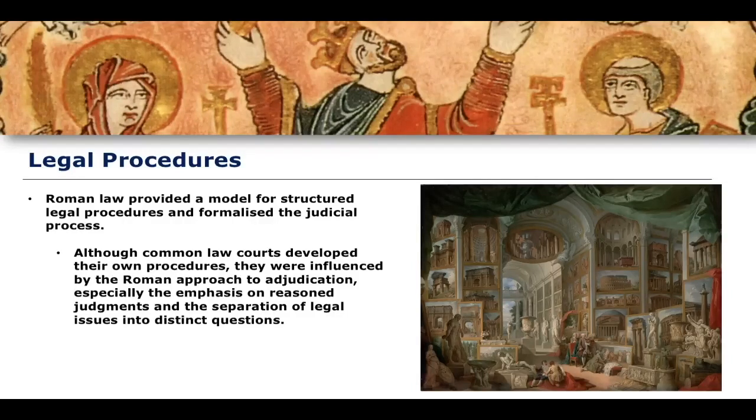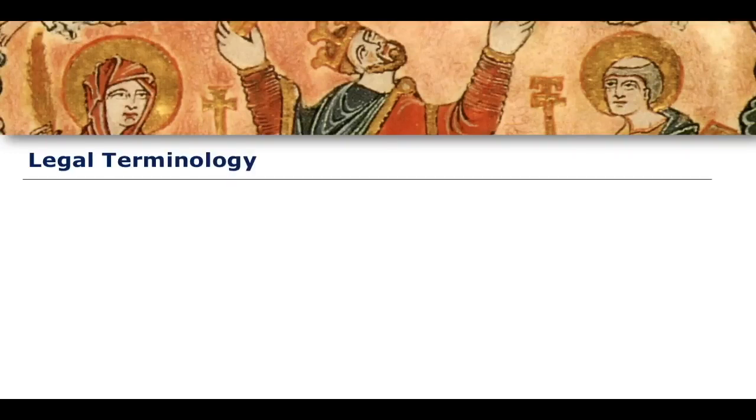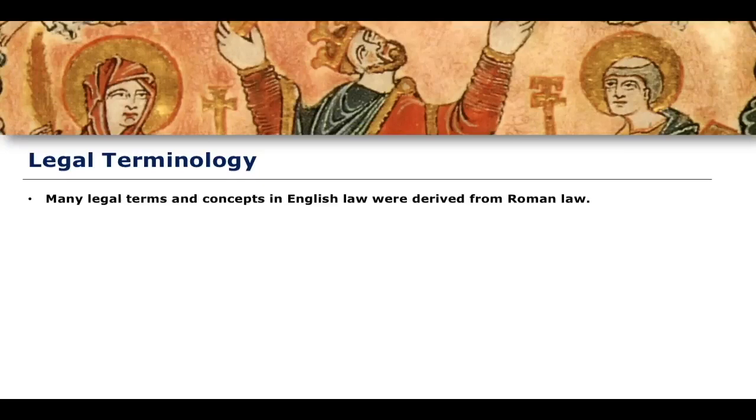They were influenced by the Roman approaches to adjudication, especially the emphasis placed on the nature of reasoned judgment, as well as the separation of legal issues into distinct questions. This is a conceptual analysis that is not necessarily specific legal principles, but is still an important aspect of the development of the legal system.